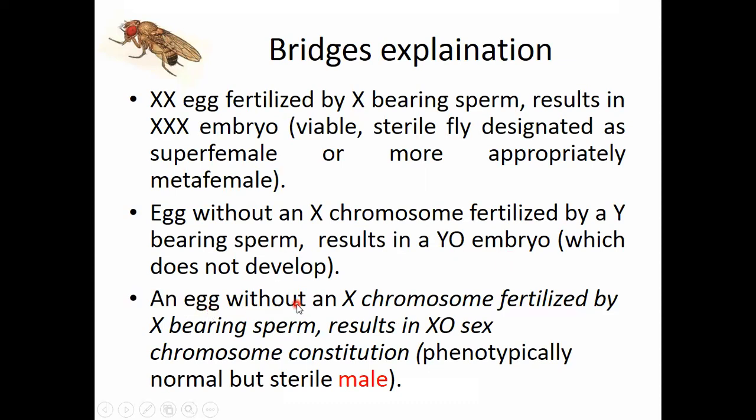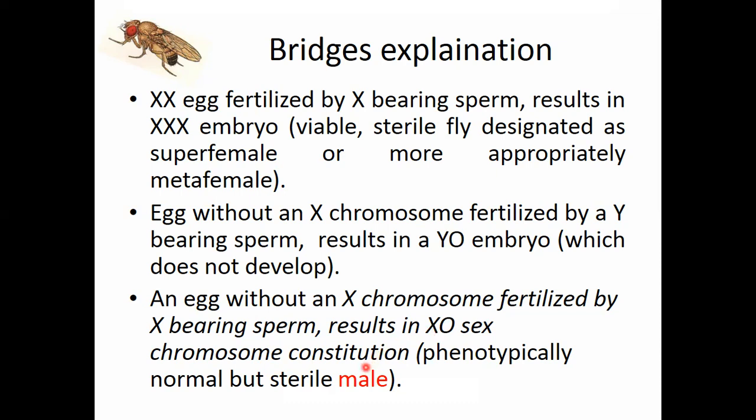Similarly, an egg without an X chromosome fertilized by X bearing sperm, it results in XO sex chromosome constitution and phenotypically normal, but these are sterile male. So XO, basically in case of human, that is a Turner syndrome that affects the female, while in case of Drosophila, XO is the sterile male.